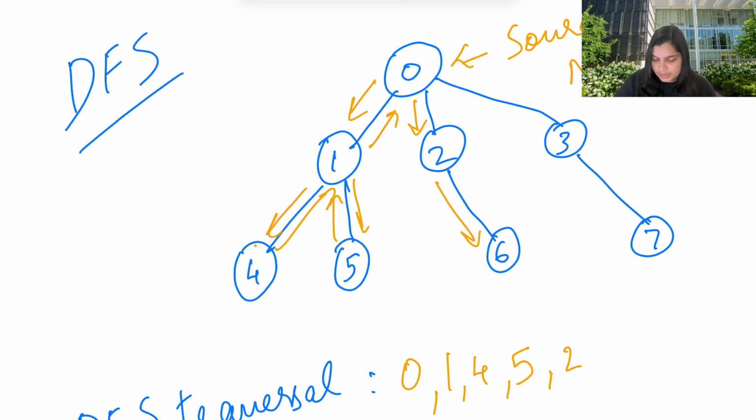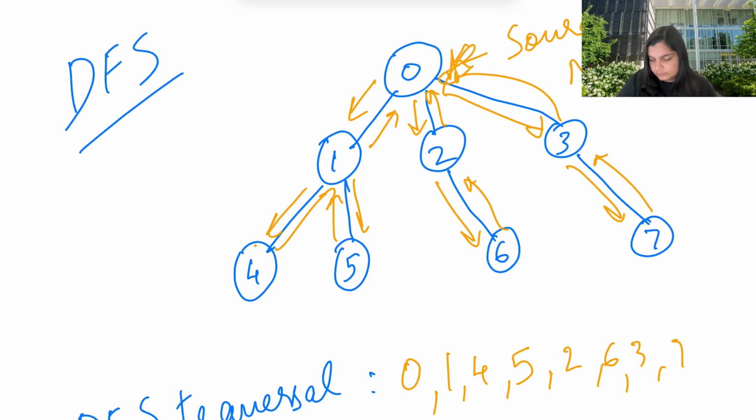So 6, I come back to the source node, see the next one, 3. Again, see 7. There's nothing here, there's nothing here, and we are all done. So now we have our result as 0, 1, 4, 5, 2, 6, 3, 7. So this is my DFS traversal.